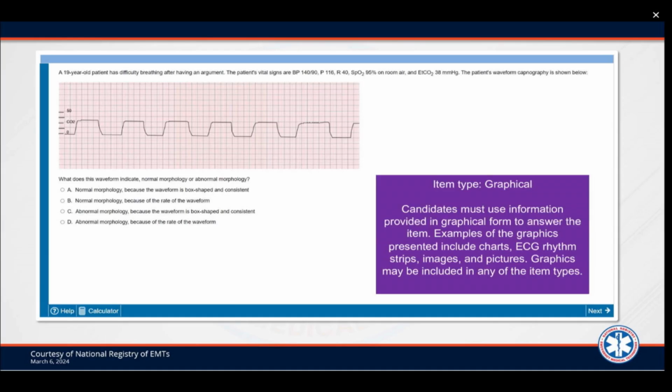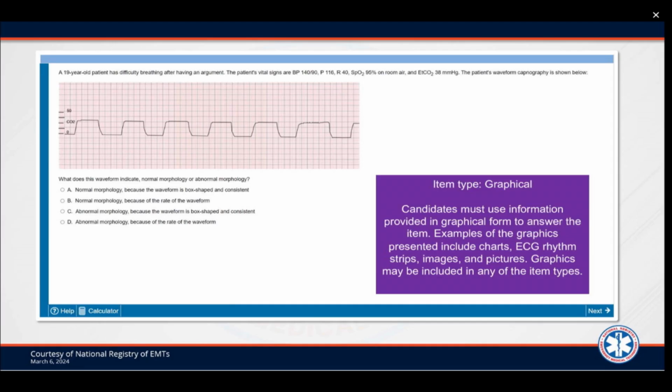So A, normal morphology, because the waveform is box-shaped and consistent. B, normal morphology, because the rate of the waveform. C, abnormal morphology, because the waveform is box-shaped and inconsistent. And D, abnormal morphology, because the rate of the waveform. Okay.